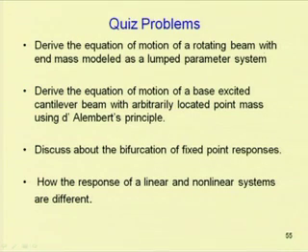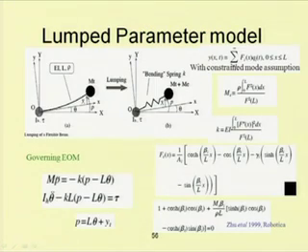For the first one, you may refer to this system. You can model the bending of the system like a bending spring, and for this mass, you can take the mass of this part, MT, plus the elastic mass.